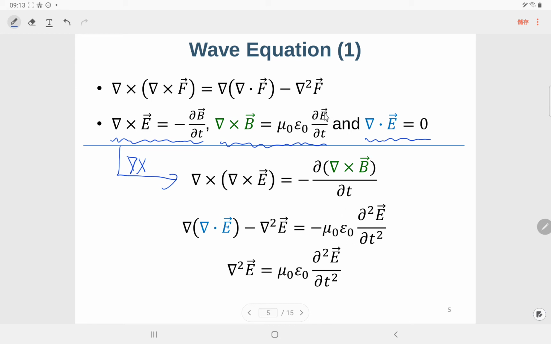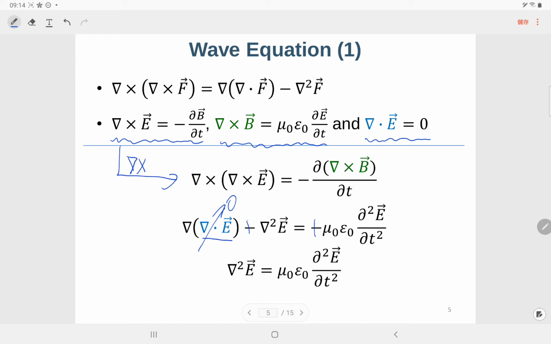And then here we have partial t, we have another partial t, so this is the second partial derivative with respect to time for the E field. And here we make use of the Gauss law, which gives 0, so this one becomes 0. And then both sides have a negative sign, so we multiply by minus one to make it positive.